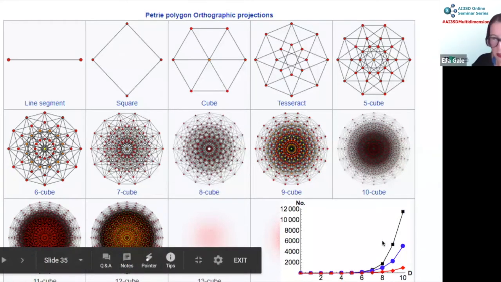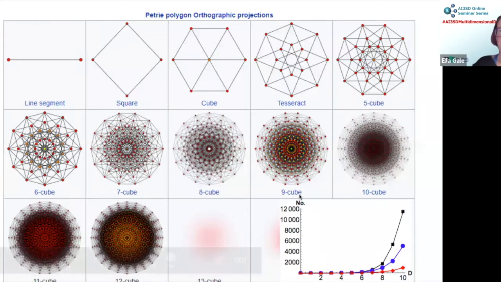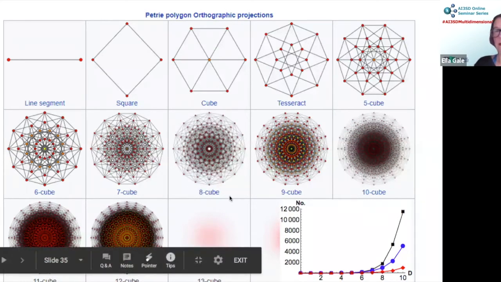That's what this little graph down here is. The red is the points, the blue is the lines, and the black is the faces. The main point is that these numbers are huge, so they are taking off very quickly. Data-wise, I had it the wrong way around, that's the points.